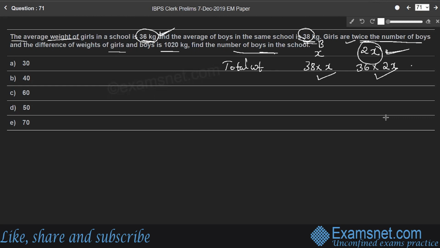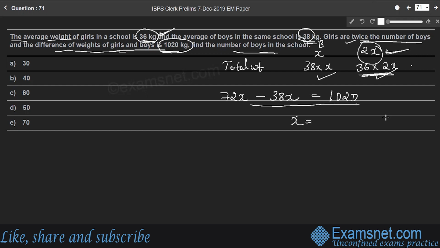And it is given that 1020 kg is the difference of weights of girls and boys, right? So the difference of weight means here 36 into 2, it is 72. So the difference of weight means girls' weight minus boys' weight, which is 1020.